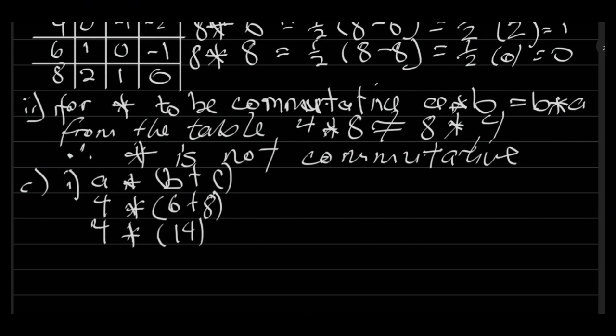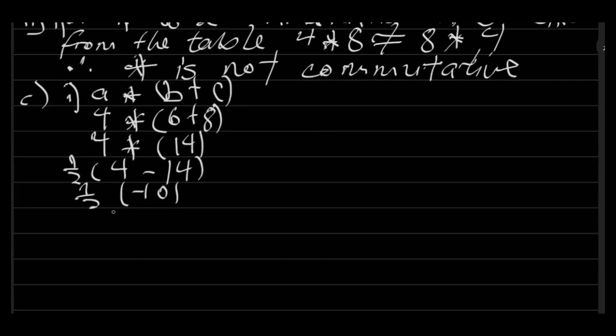And then 4 star 14 would give us half of 4 minus 14. That will give us half of negative 10, and that would give us negative 5.